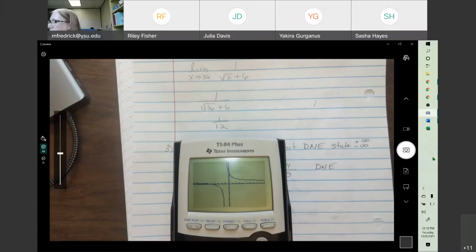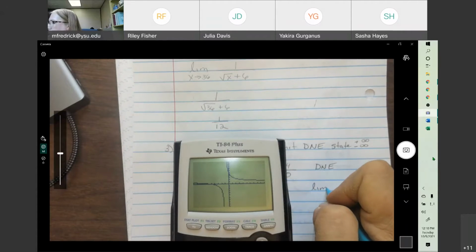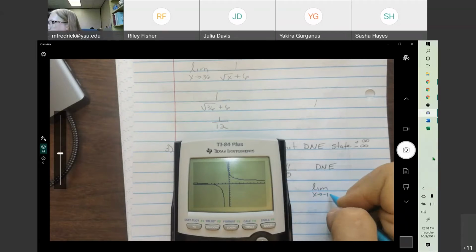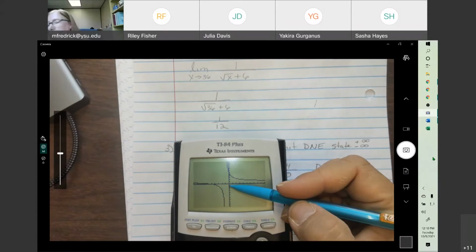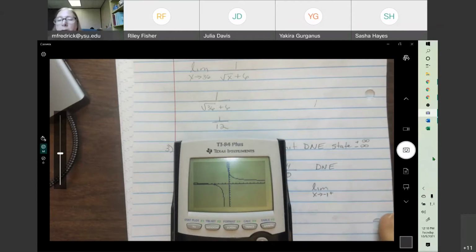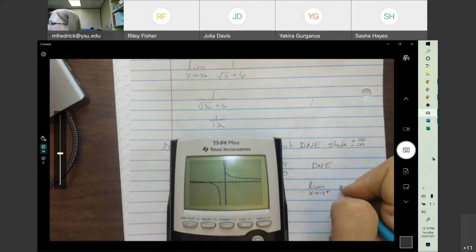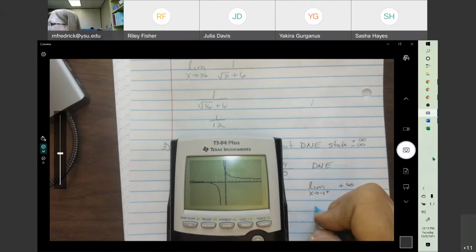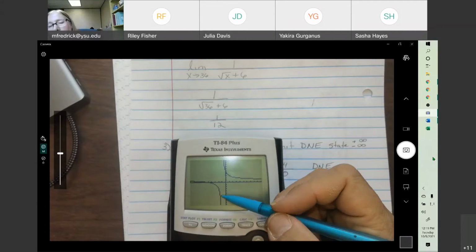there it is. Now we can notice that as we look at the limit as x approaches -1, if we go from the right, plus sign, so that means we're on this side. Our graph's going to positive infinity. And if we look at the limit as x approaches -1 from the left, it's going down, because this is where -1 is.